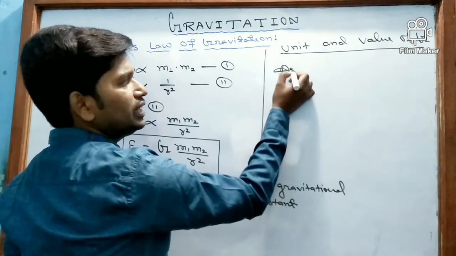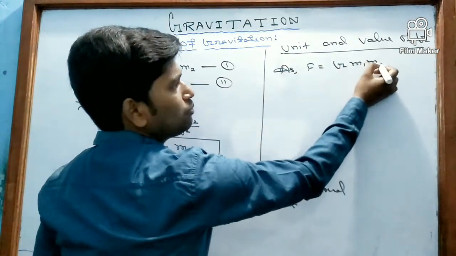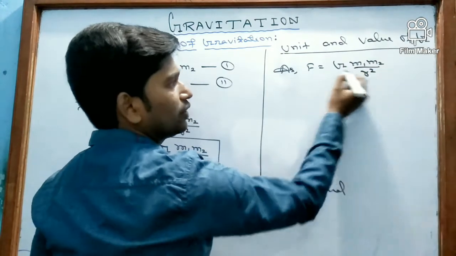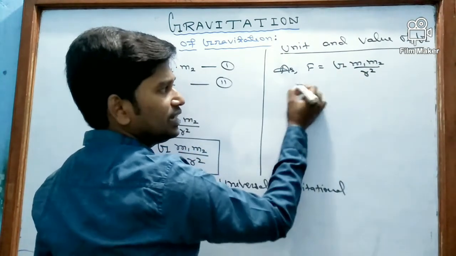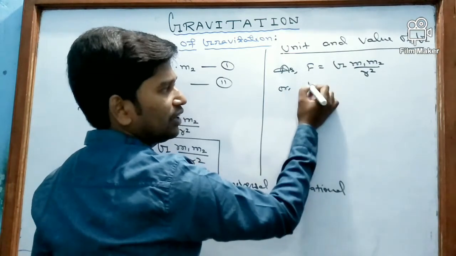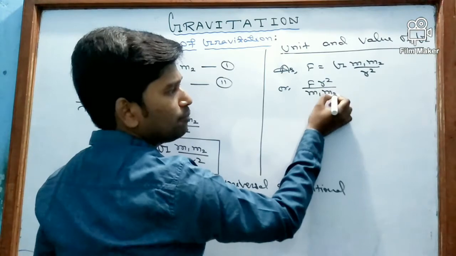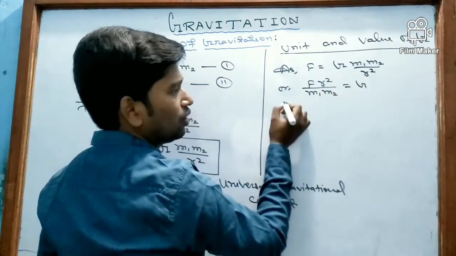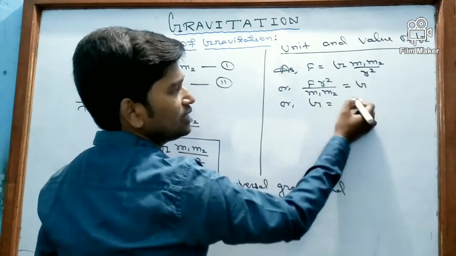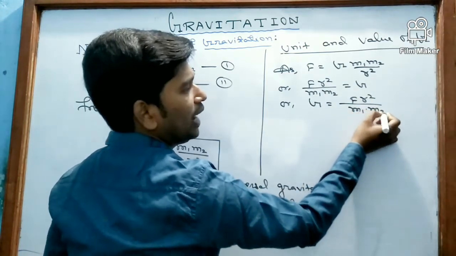As we have seen, F equals G m1 m2 by r square. So by cross multiplication, F r square by m1 m2 is equal to G, or G equals F r square by m1 into m2.